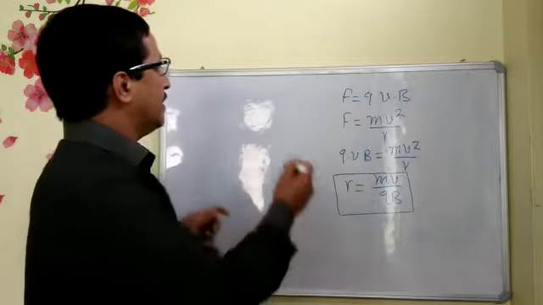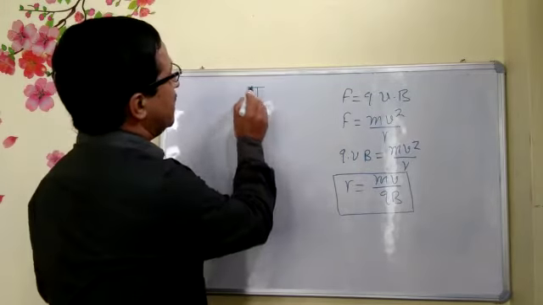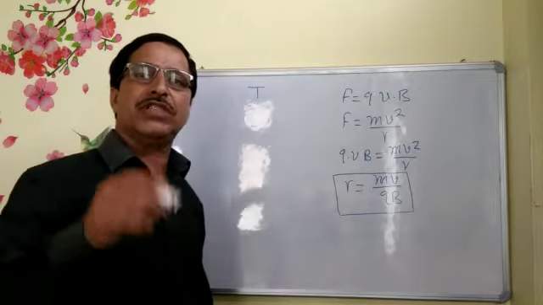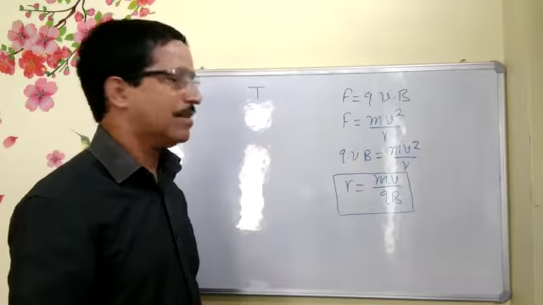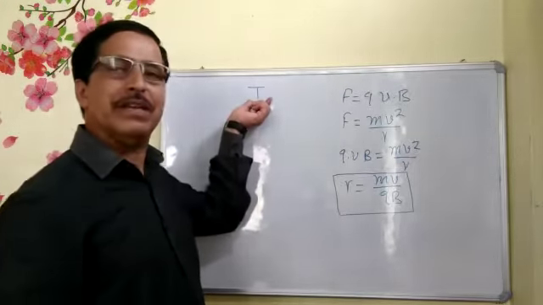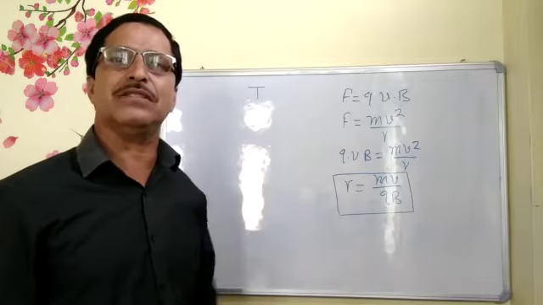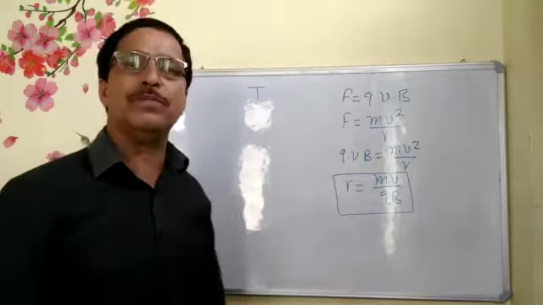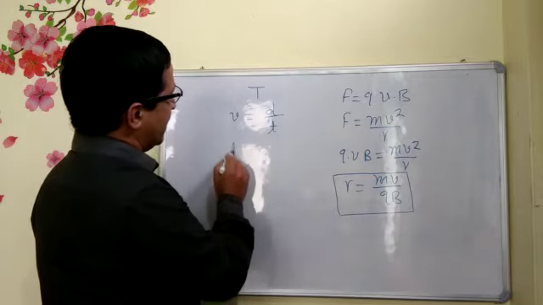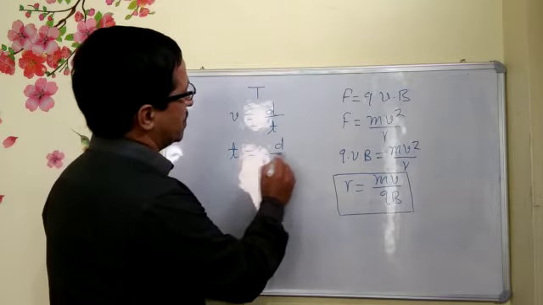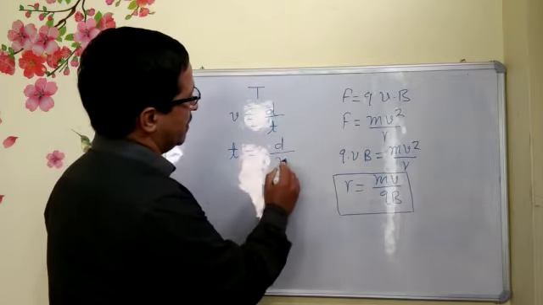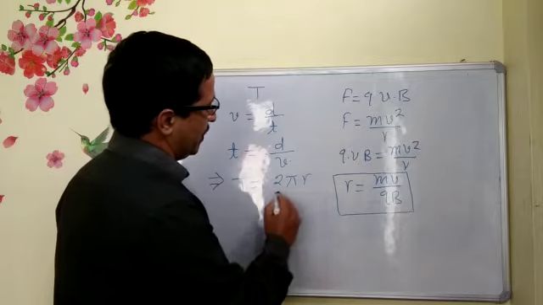You know that if T is the time period of revolution of the particle in the circular path, then in one time period it will travel a distance equal to the circumference of the circle, and that will be equal to 2 pi r. So using the equation speed equal to distance upon time, we can write time equal to distance upon speed, so that time period is equal to 2 pi r upon v.